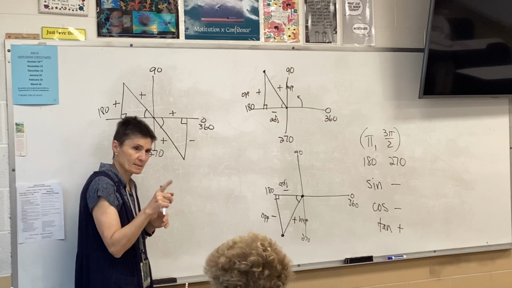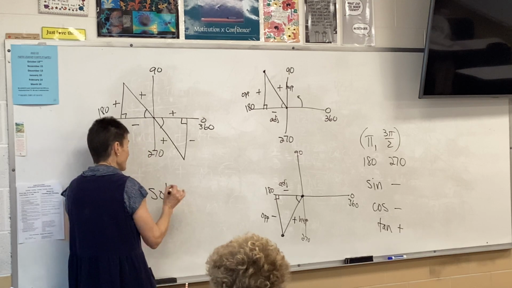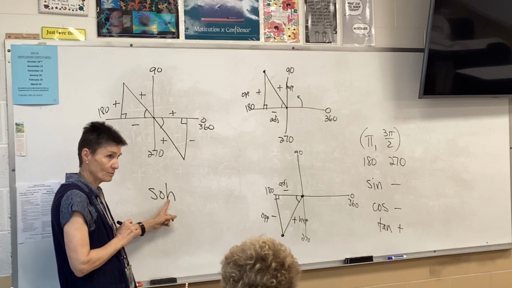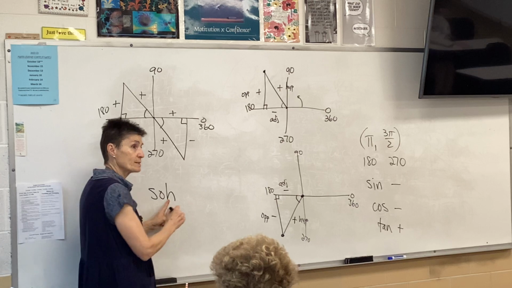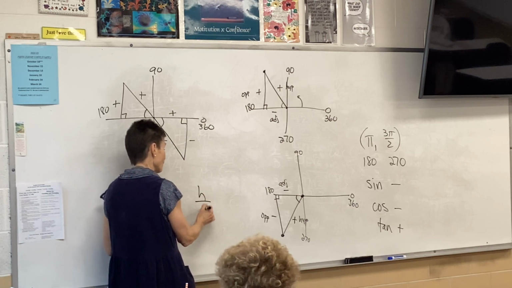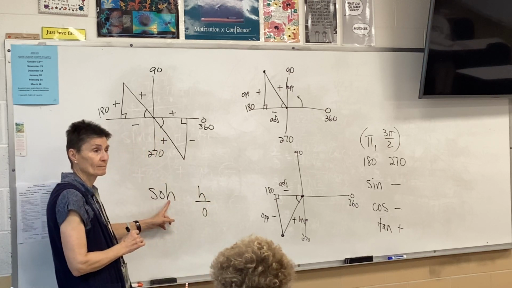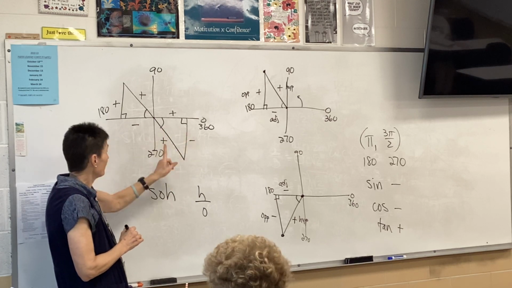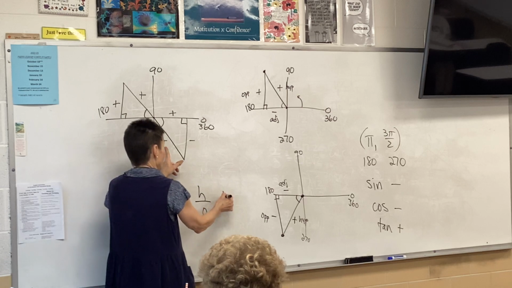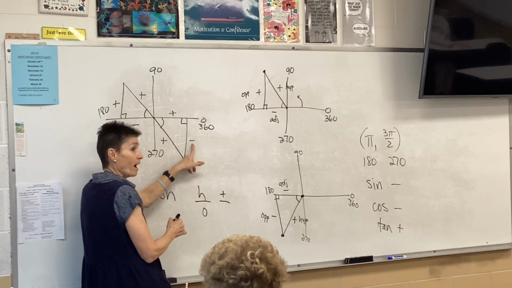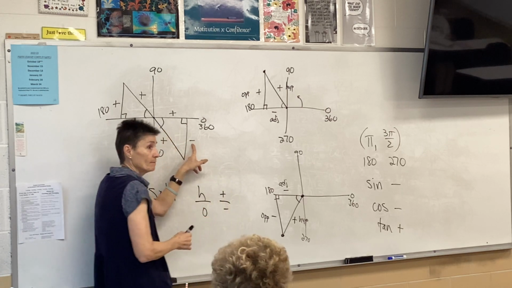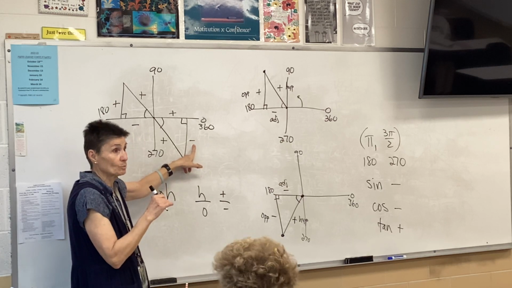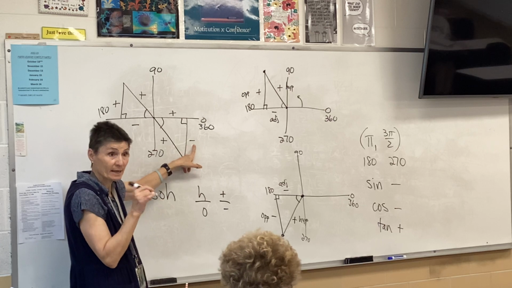Reciprocal of sine. So in my head, I'm thinking sine is opposite over hypotenuse. So cosecant will be hypotenuse over opposite. So in that triangle, the hypotenuse is positive, but the opposite is negative. So the cosecant will actually end up being a negative number.